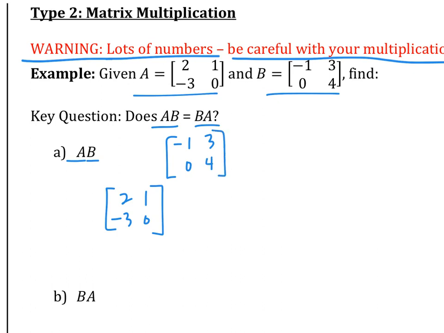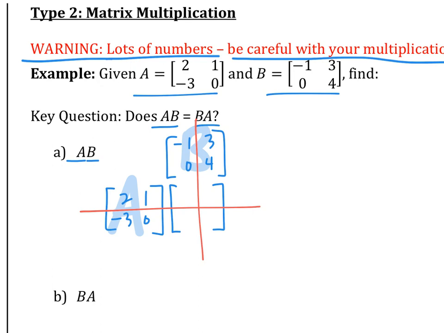Okay, let me just write it in. So this is the A matrix, this is the B matrix. And what happens is you create this matrix. And to create that matrix, you're going to draw some guiding lines. And what you do is you draw a line between the rows and then between the columns. That tells me that we're going to end up with a 2 by 2 matrix, and we've got to fill these elements in.